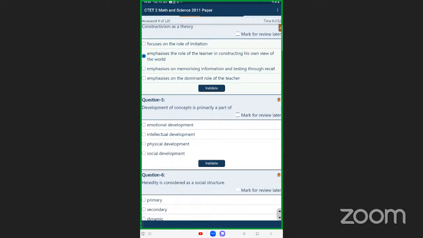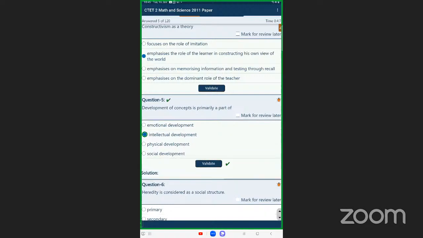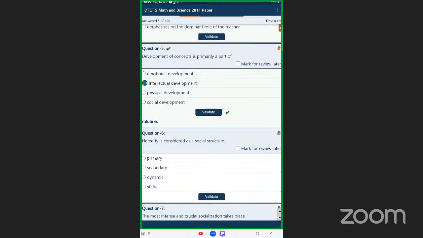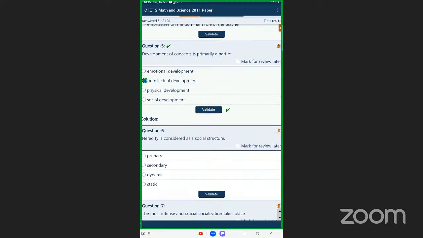Emotional development, social development, intellectual development, or physical development? Which is the correct one? The correct one is intellectual development, right? So development of concepts is a primary part of intellectual development.